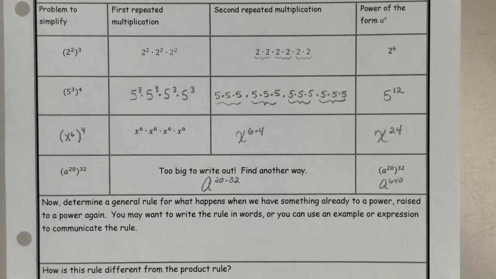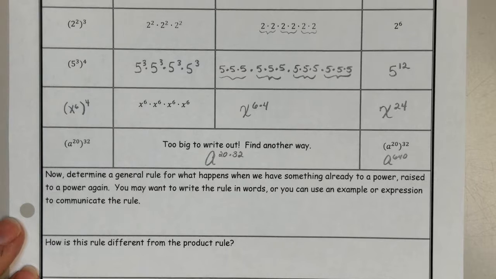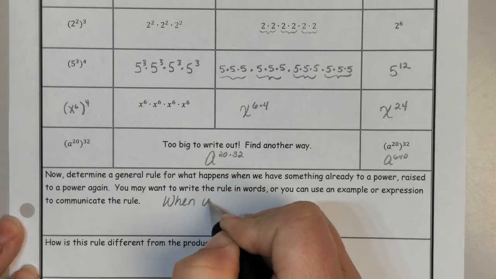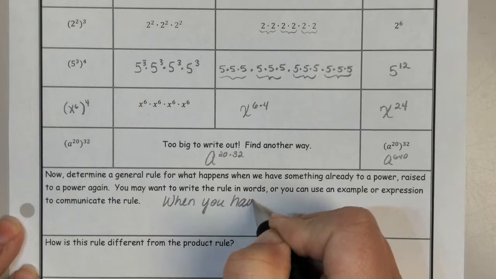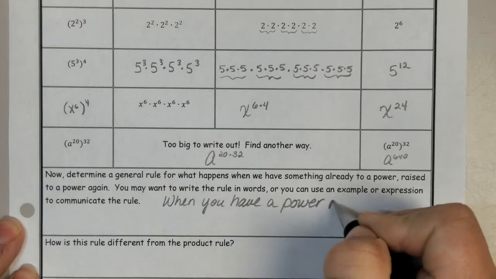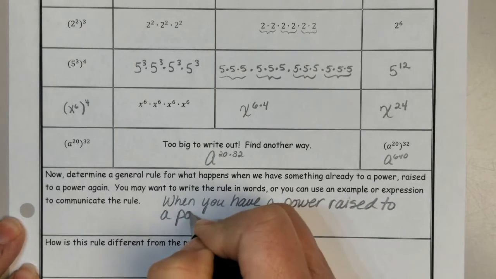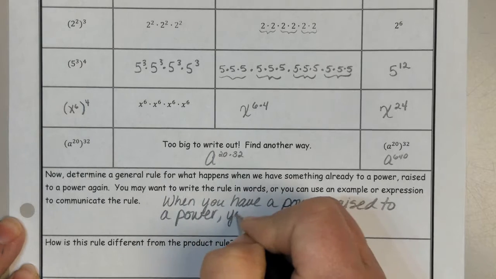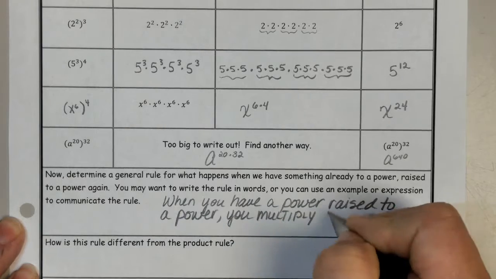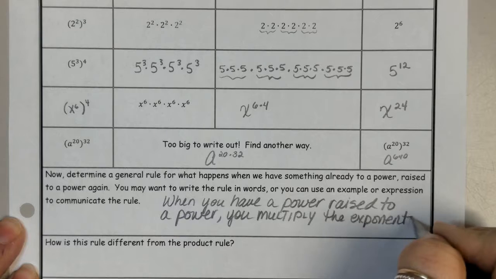So our general rule for what happens when you have something already to a power raised to a power again: you multiply the exponents. This is the only time you multiply the exponents.